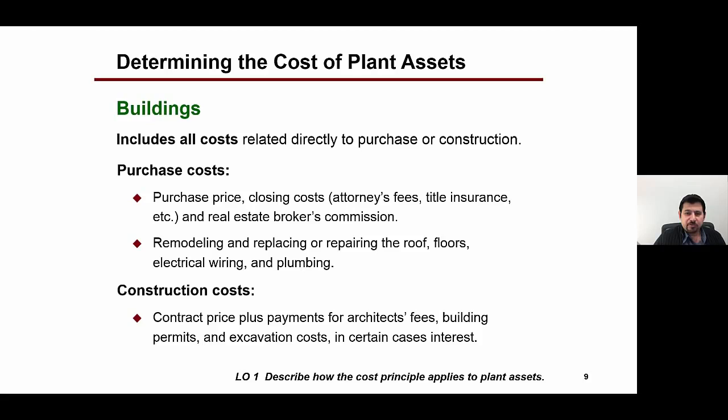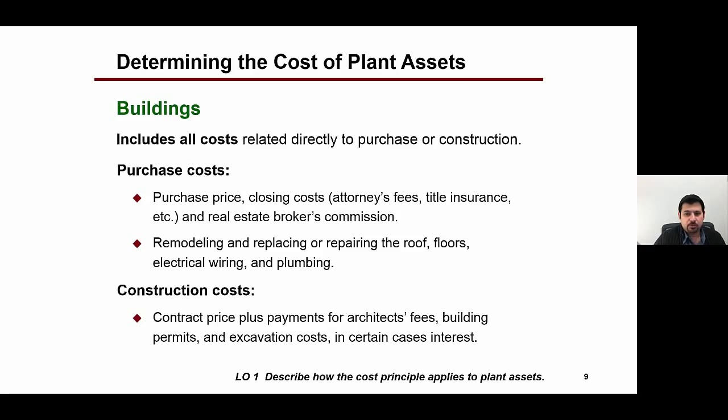Buildings is another kind of plant assets, and here again they are recorded at cost, and it depends whether the building was purchased or whether it was constructed. For example, if the company purchases a building, the cost would include the purchase price in addition to attorney's fees, real estate broker's commission, remodeling, repainting, partitioning.